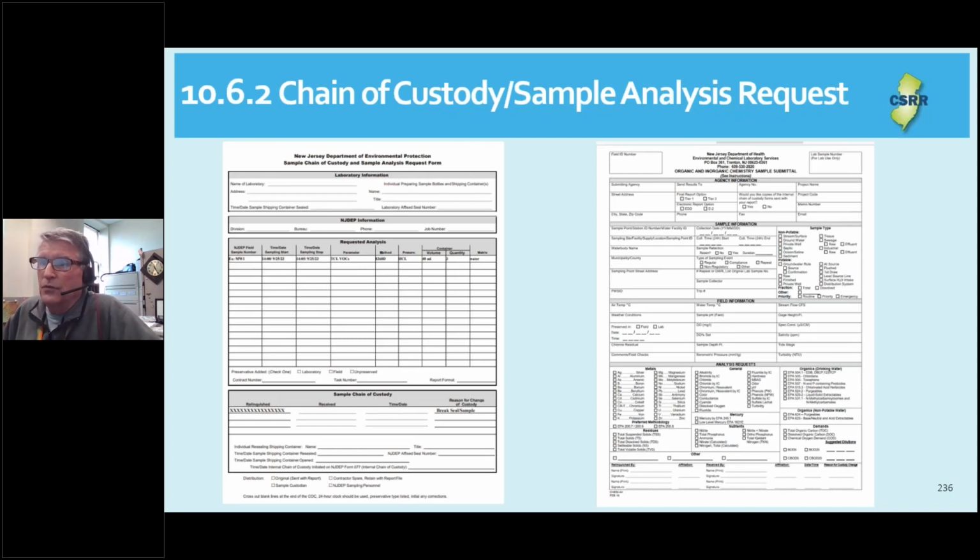The analytical request section is below, with a number of columns with the collected information which corresponds to the sample label for each sample: the analysis parameter, method identification column, any preservation that was used, container volume, and sample matrix. In this case, it's water.